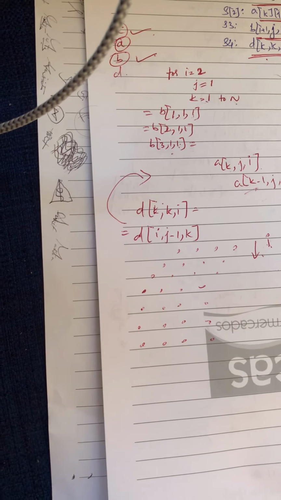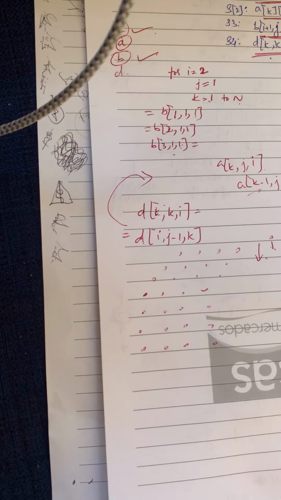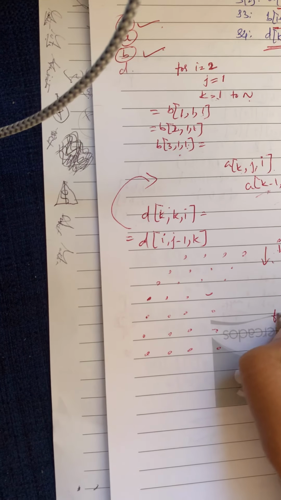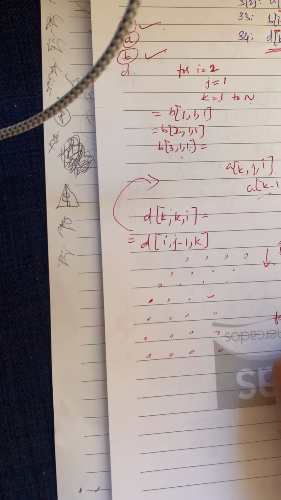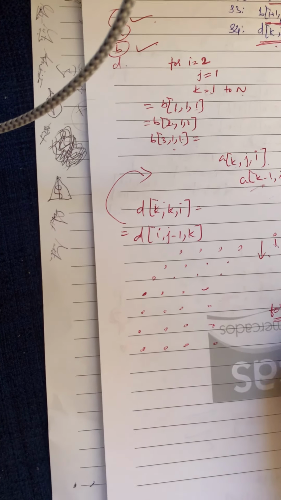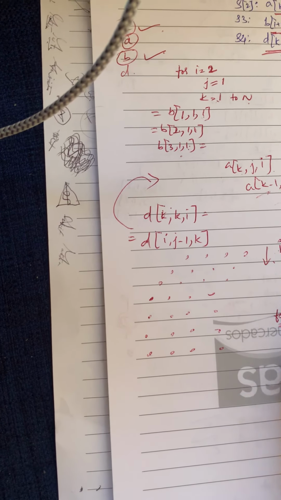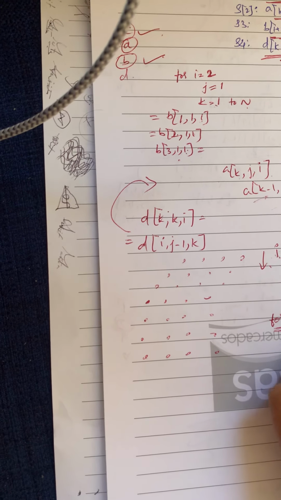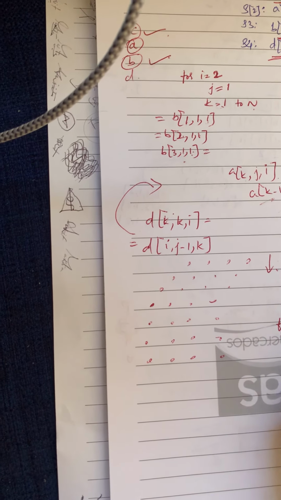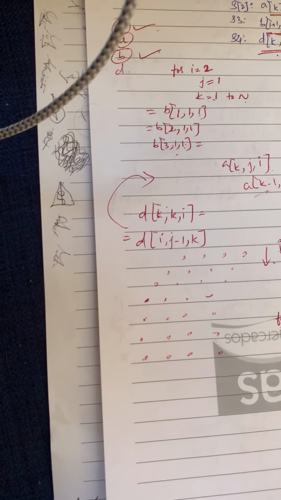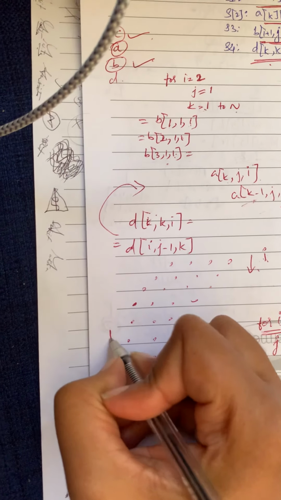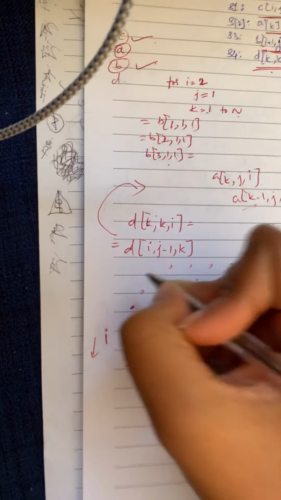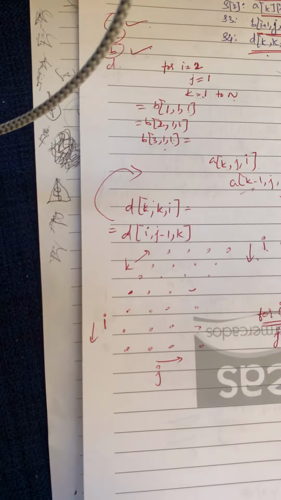If we are trying to parallelize for I, each thread is going to get a value of 1, 2, 3, 4 separately, and J and K are going to increase. Again, I is this way, J is this way, K is this way.